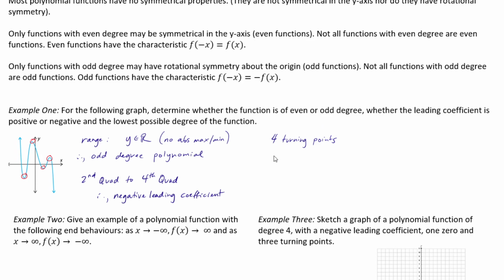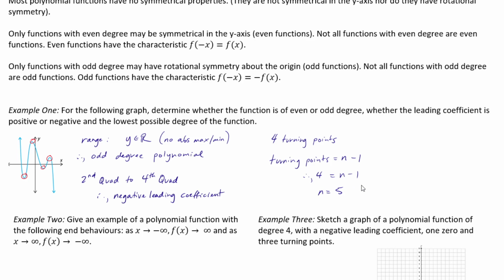And recall the equation for turning points is as follows: turning points is equal to the degree minus 1. So if I have 4 turning points, n minus 1, then the degree there is possibly 5.